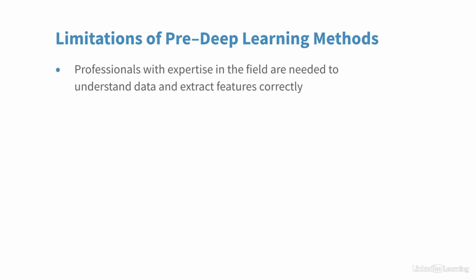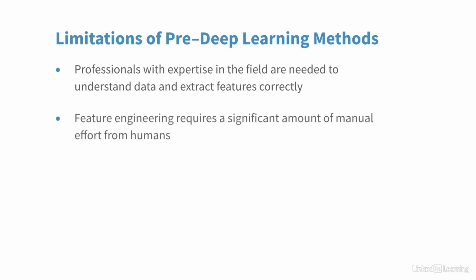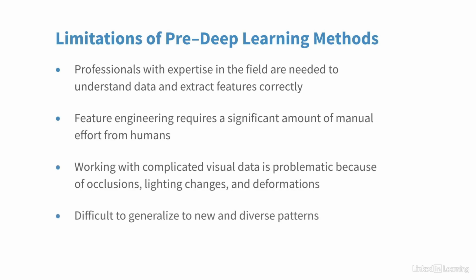They relied on domain experts who understood the data sets and the specific feature extraction techniques that would work on those specific data sets. As you can imagine, this required a ton of manual effort. And these techniques had an inability to handle complex visual data, like images with occlusions, or different lighting variations, or the different non-rigid deformations that could occur.